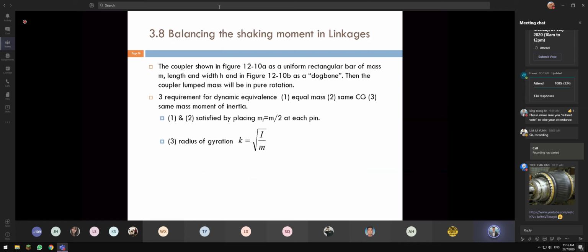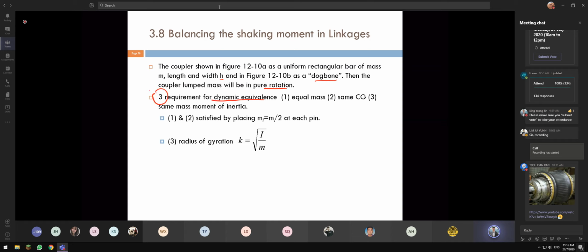The coupler shown in figure 12-10 is a uniform rectangular bar of mass M, length and width H. In figure 12-10B it is a dog bone, then the coupler lump mass will be in pure rotation. So there are three requirements for dynamic equivalence.